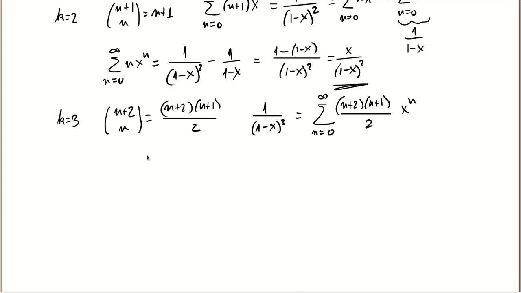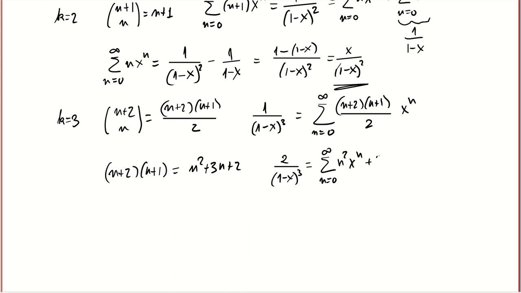but again, let me transform this a little bit. We have n plus 2 times n plus 1, and that is n squared plus 3n plus 2. We multiply by 2, so what we have is that 2 over 1 minus x cubed is equal to the sum from 0 to infinity of n squared x to the n, plus 3 times the sum of n x to the n, plus 2 times the sum of x to the n.